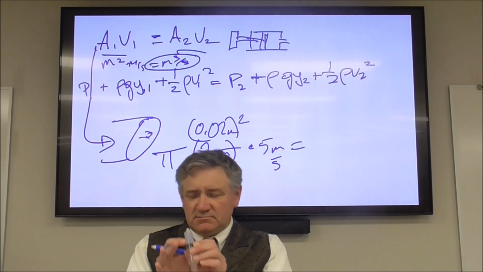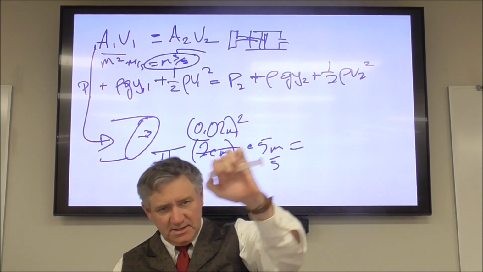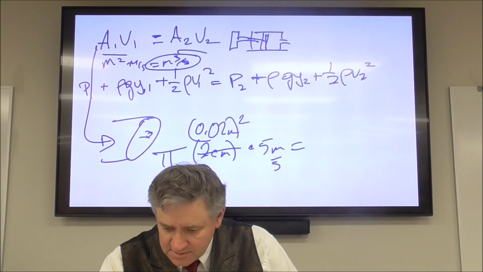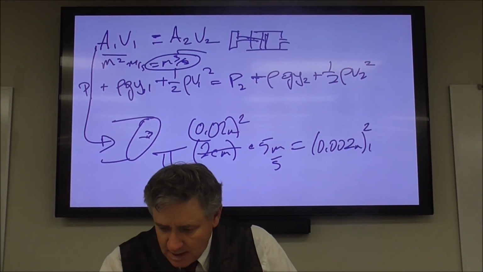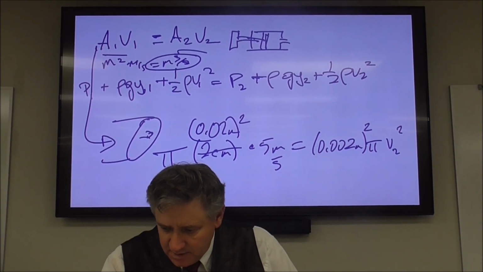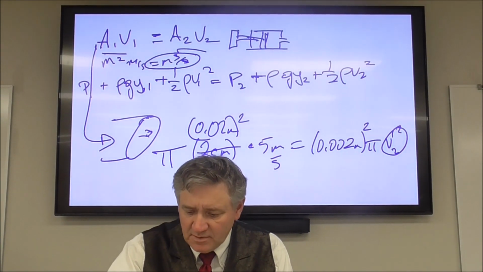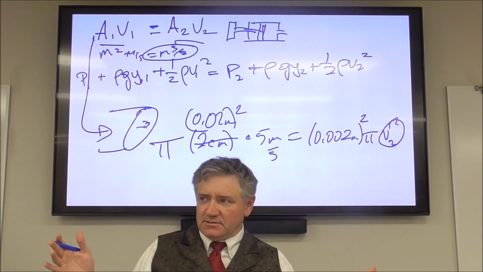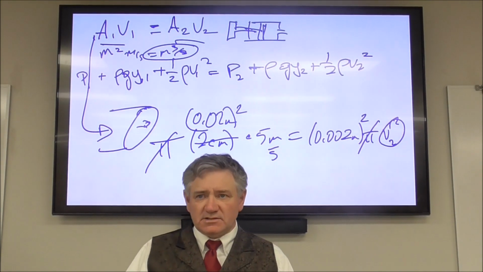Then let's say this radius here is 2 millimeters, okay? Well, 2 millimeters is 0.002 meters squared times pi. And let's say we want to figure out what that new velocity is going to be, how fast it's going to be moving out. Conveniently, as long as it's a circle, you don't even have to worry about the pi calculation, because if you set it up, that's just going to be that squared, okay?